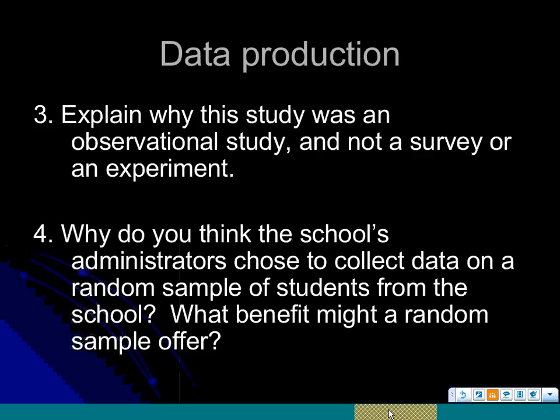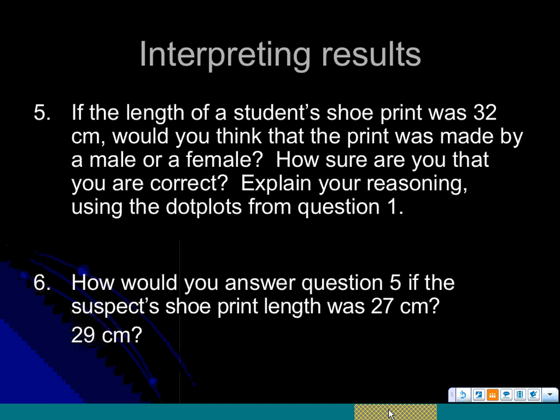All right, let's get back to the investigation. I do like students to think about the data production, though, because there may be some limitations in the kind of conclusions they can draw, depending upon how the data are produced. So let's interpret some results. I'm going to ask you a couple of questions specific to shoe print length, and I'm going to take you back to those dot plots in just a moment, but let me show you what's coming.